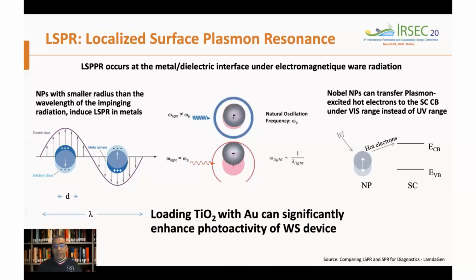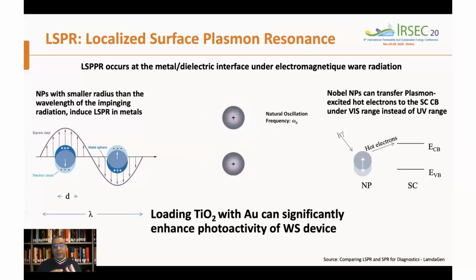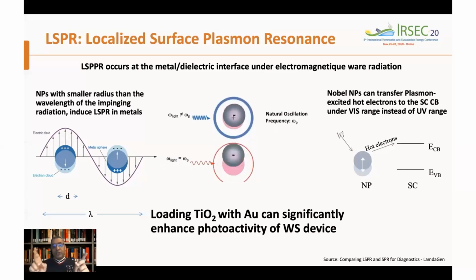The idea is first to make a very nice geometry and design for the material and load it with titanium dioxide, then with gold particles, to make a very good composite material that can trap light in the visible region, at a very wide range of the solar spectrum, and at the same time the LSPR will provide hot electrons to the conduction band.